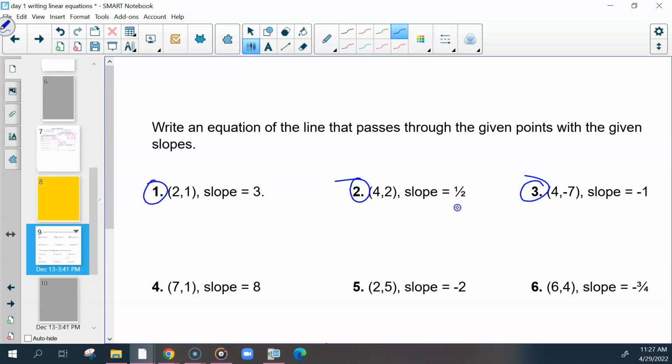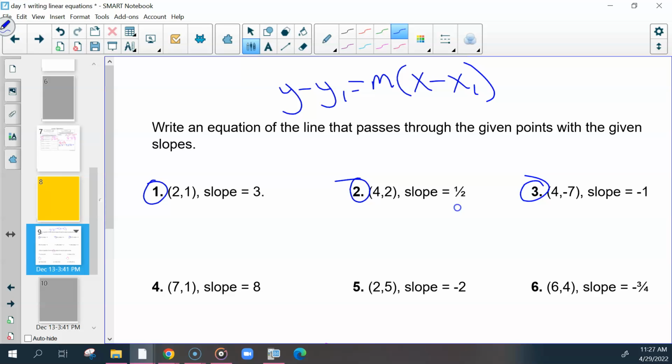Somewhere on your paper, write your point-slope formula. I know it's been a while since I've done that, so you might remember what it is. Remember that this helps us if we have a point and slope. If we're given 2 points, we have to find the slope first, but we'll cross that bridge in a second.